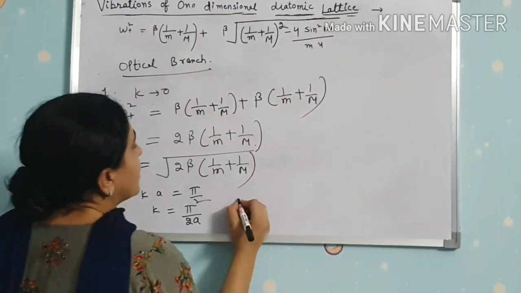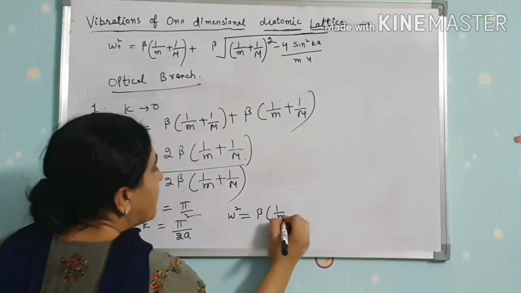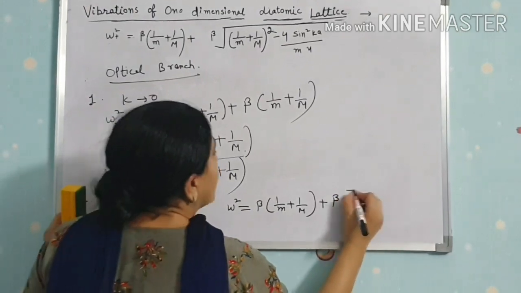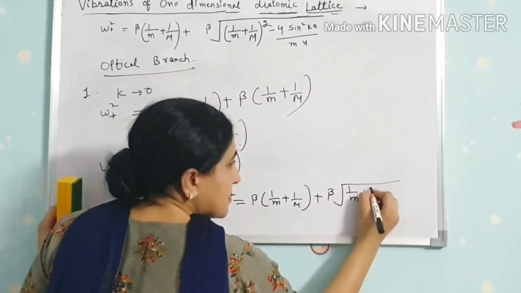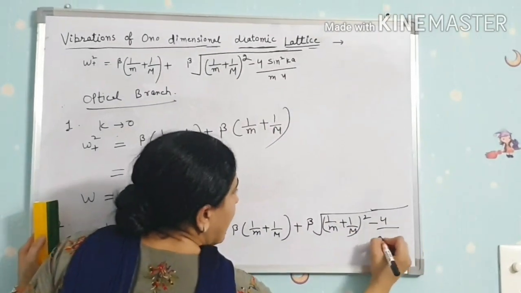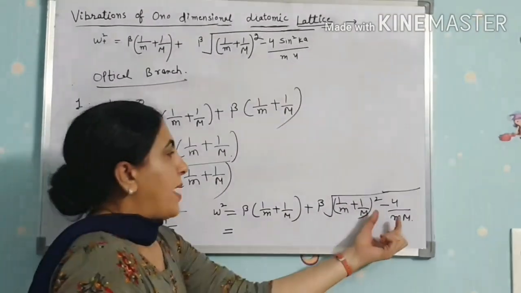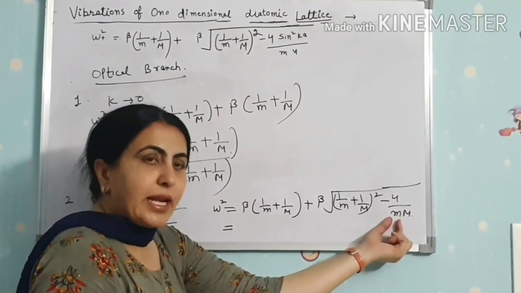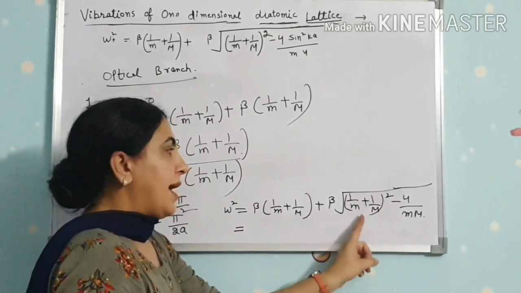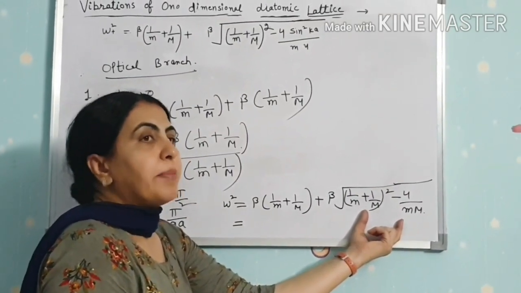So what about omega? Omega square is equal to beta times (1 over m plus 1 over capital M) plus beta times the square root of (1 over m plus 1 over capital M) whole square minus 4 over m into capital M. And what is this? Yes, see, minus 4 over small m into capital M, and this is whole square: 1 over m square plus 1 over capital M square plus 2 over m into M. Minus 4 means this is the square root of (1 over m minus 1 over capital M) whole square.